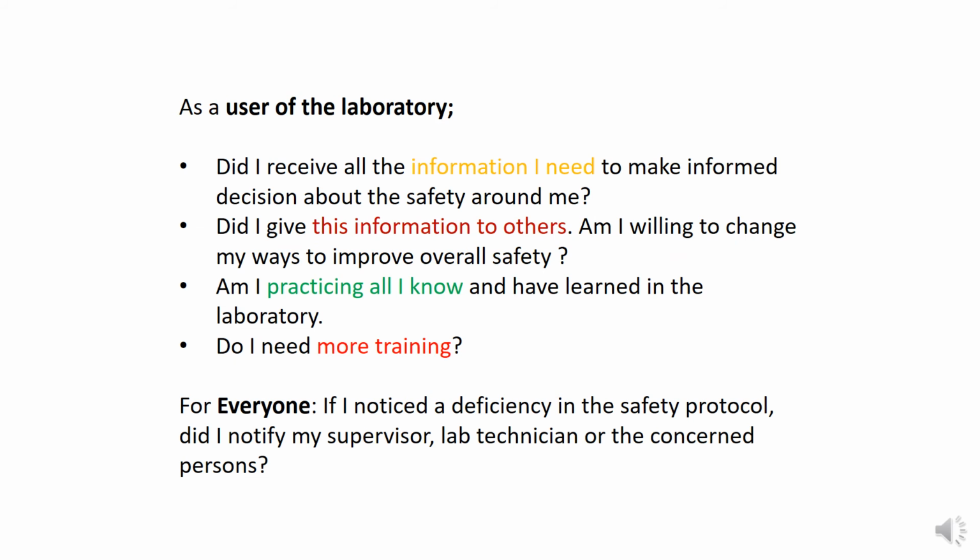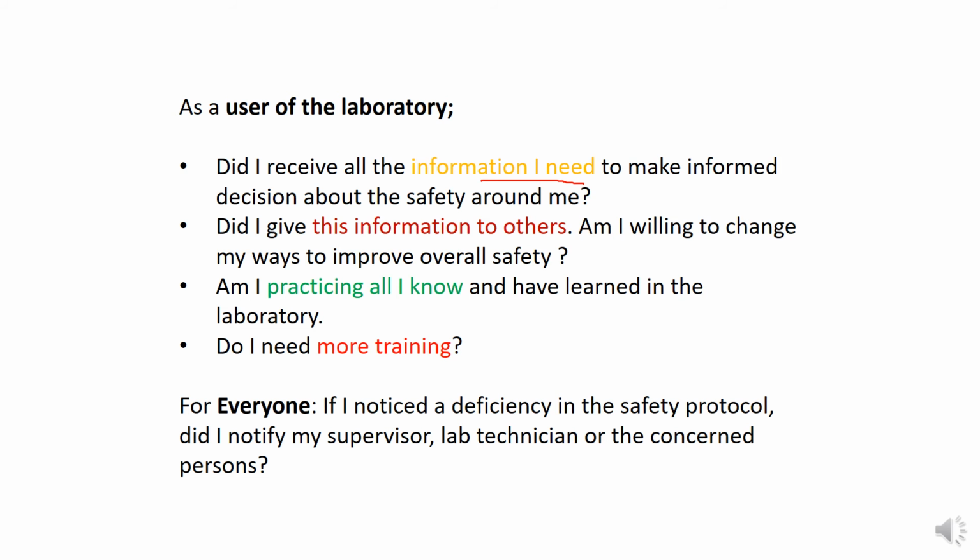And of course, as a user of the laboratory, you should know whether you receive the information that you need. This is from the previous slide, your attitude, the personal and behavior factor. You should ask for the information while you are going into the lab, so you receive all the information that you need.